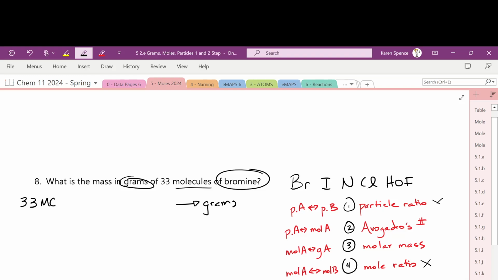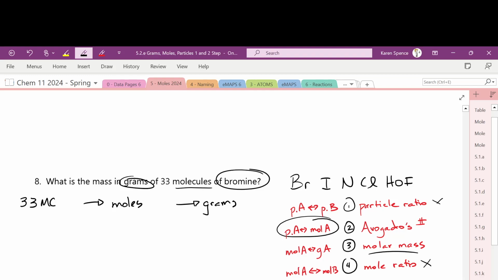So now we're down to Avogadro's number and molar mass. What can I convert molecules of bromine into? I can convert it into moles because particles can go to moles. And then can moles go straight to grams from there? Do we have a conversion between moles and grams? Yes, we do.